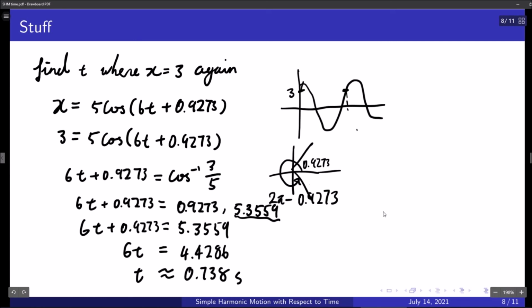Okay, so initially this is 0, and the next time x is 3 is 0.738 seconds, and that's it.